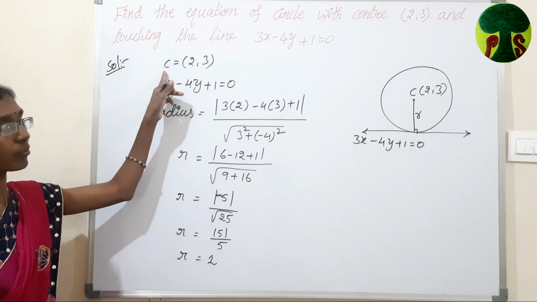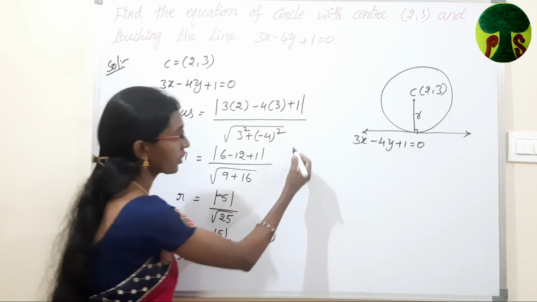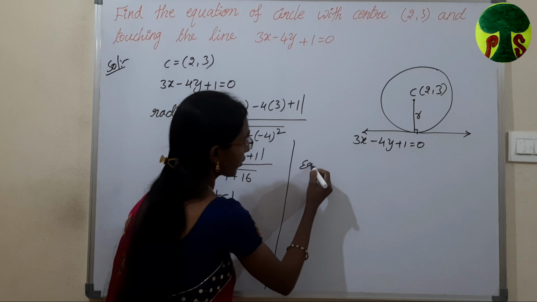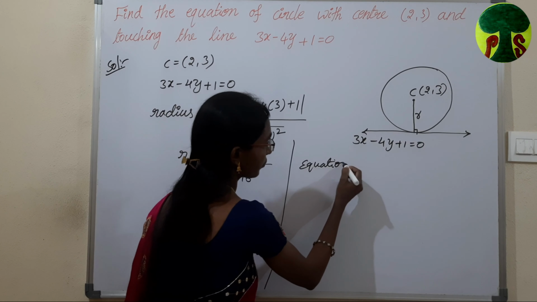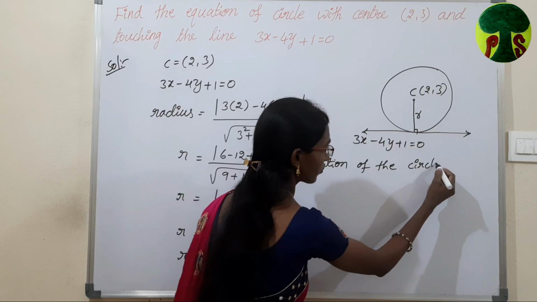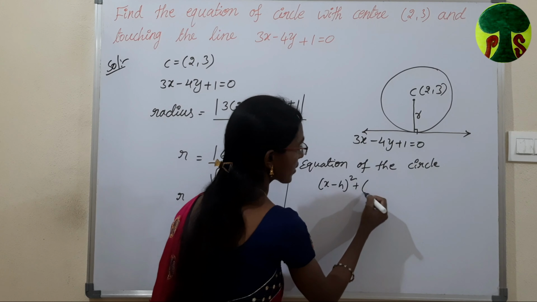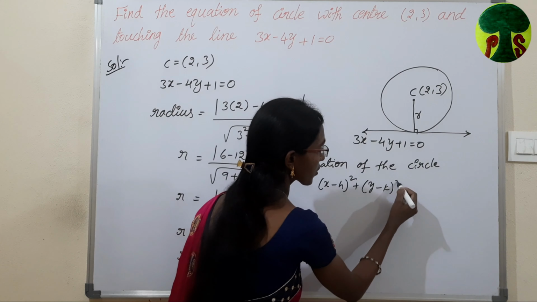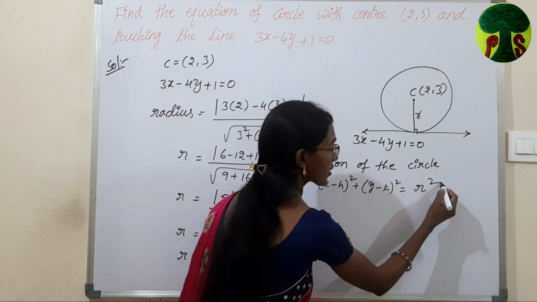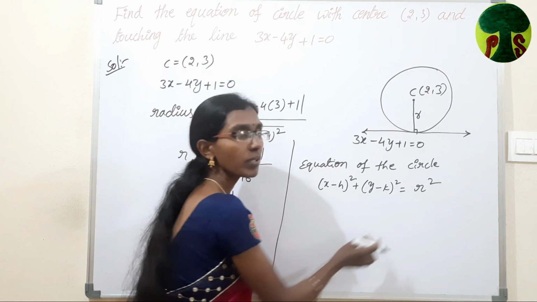Now we know the center of the circle and also the radius of the circle. We can find the equation of the circle. The equation of the circle is (x minus h) whole square plus (y minus k) whole square equals r square, when we know the center and radius of the circle.